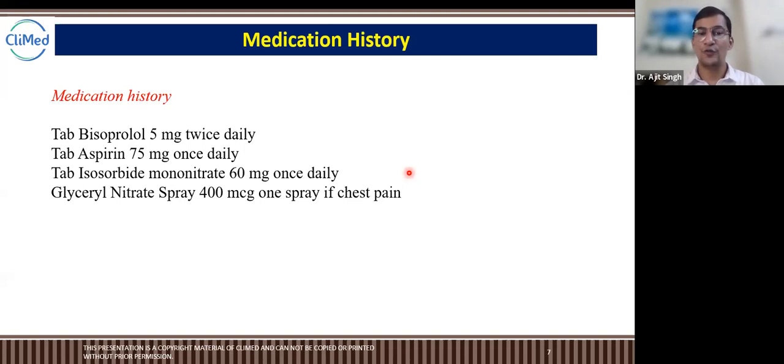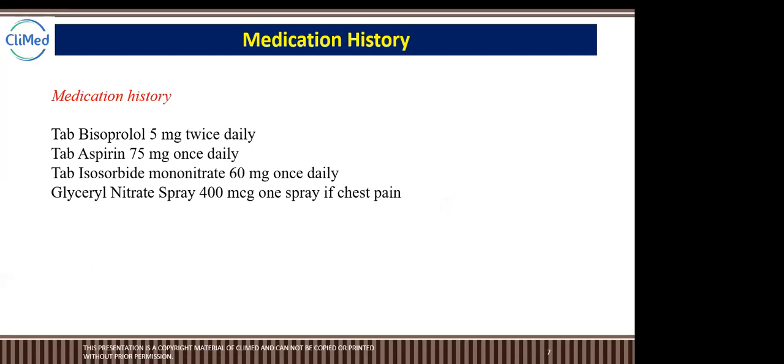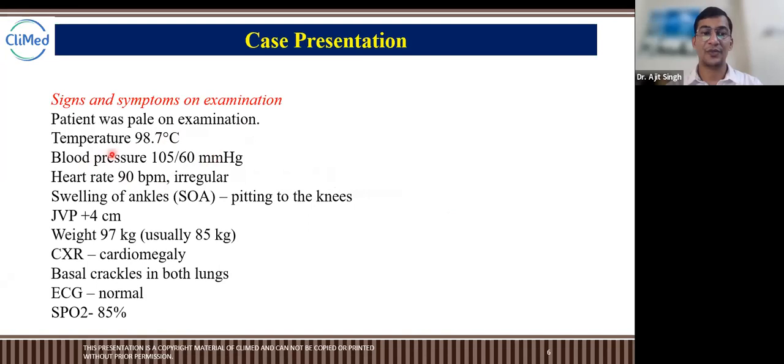Okay. So focus and try to understand, try to differentiate what I'm asking. Try to differentiate in the patient what is a sign and what is a symptom. Don't leave anything; everything is important when you are analyzing a case. In the case, I have mentioned very clearly: swelling of ankles, pitting edema, JVP, and basal crackles are three signs.